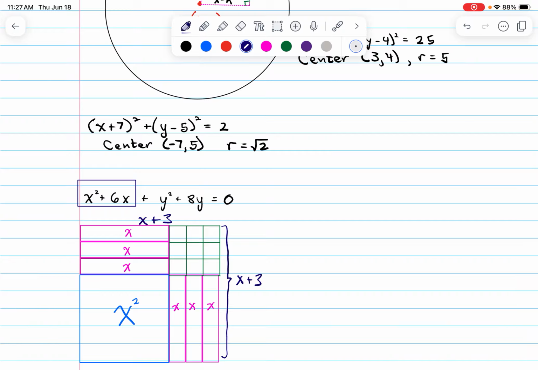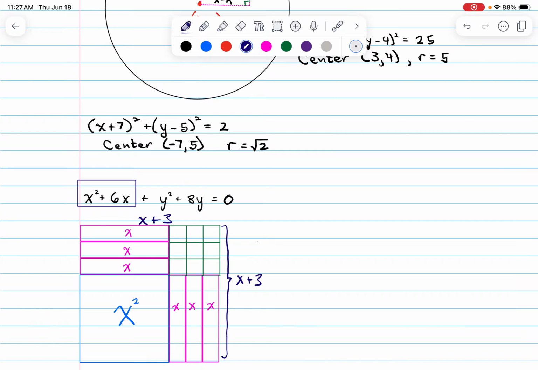So if I were to ask you the area, you would say, well, x plus 3 times x plus 3. Or you could just write that as x plus 3 squared. Notice it's x and what? This, which is half of the 6.